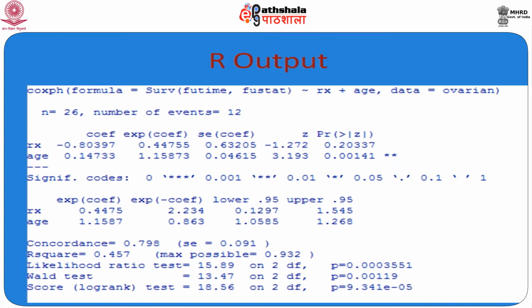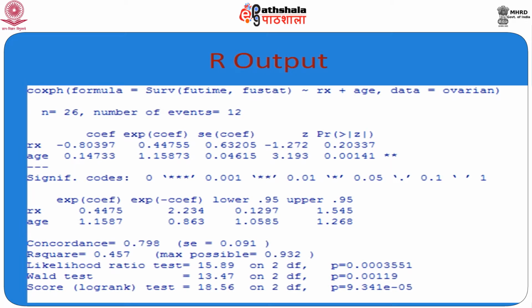Not only that, the standard error of coefficients in addition to the exponential of coefficients can give us a 95% confidence interval, but the lines below also give the lower 0.95 and upper 0.95 confidence interval for both factors, Rx and age. For Rx the lower confidence interval is 0.1297 with upper confidence interval 1.545, and for age the estimate, which is 1.15, has a confidence interval of 1.05 to 1.26.